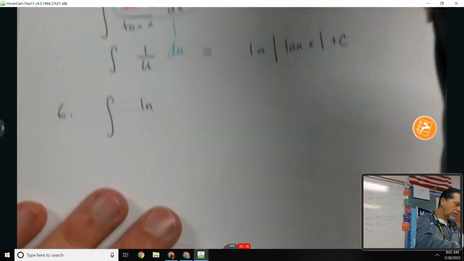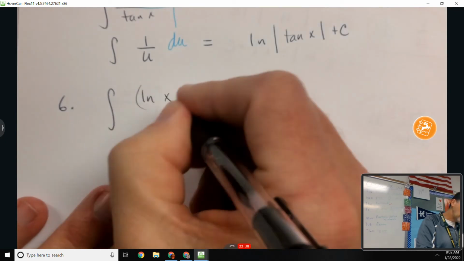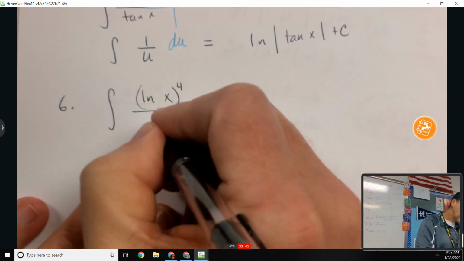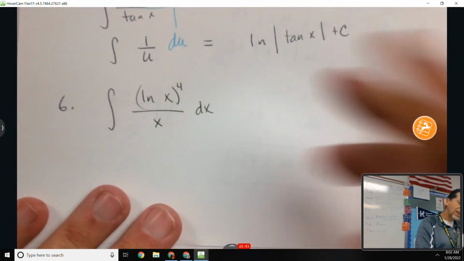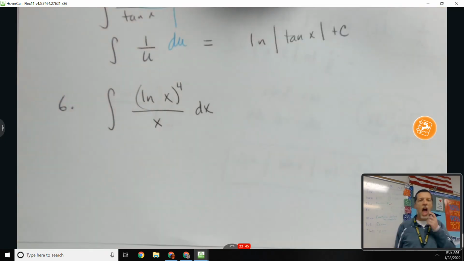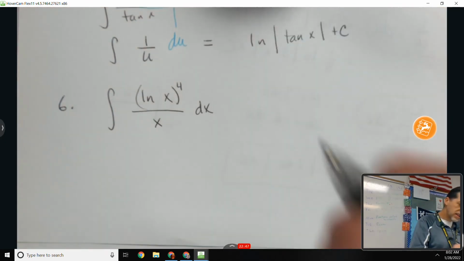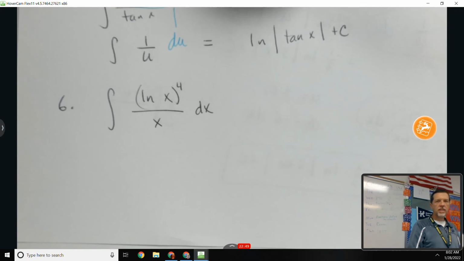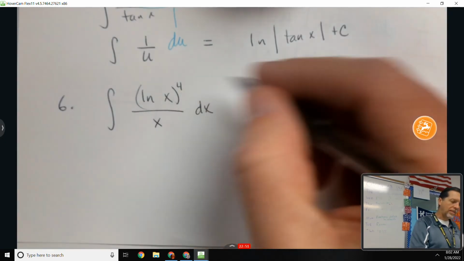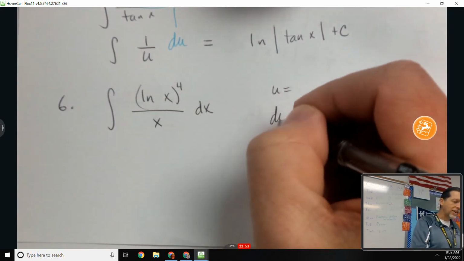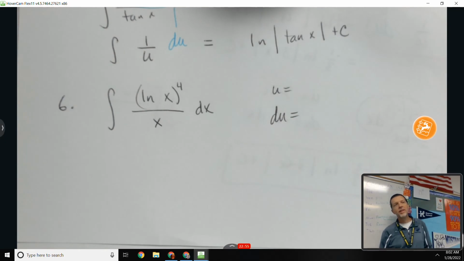Number 6, natural log of x all to the 4th over x dx. Well, I have no idea, so clearly I've got to find a u and a du to make this a simpler problem.